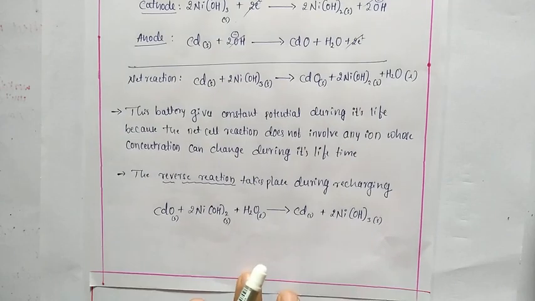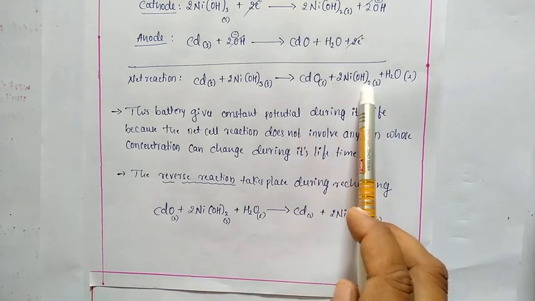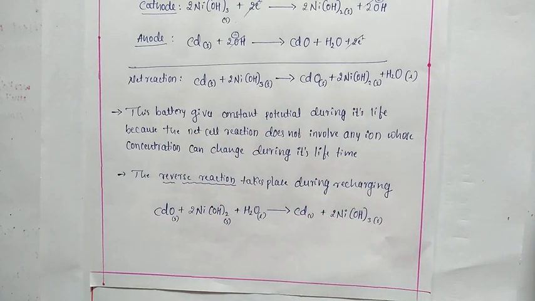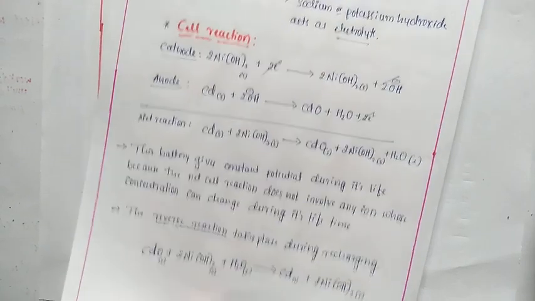One more important point: the reverse reaction takes place during recharging. During recharging, cadmium oxide plus 2Ni(OH)2 plus H2O gives rise to cadmium plus 2Ni(OH)3. So this is about the nickel cadmium cell.